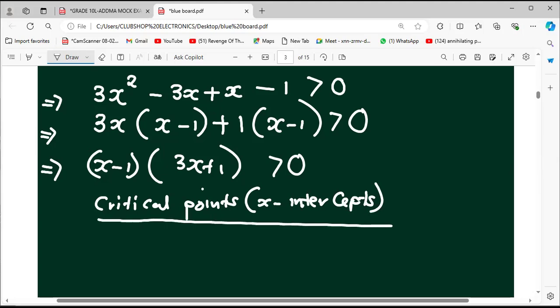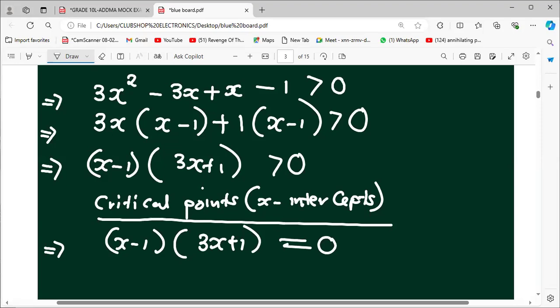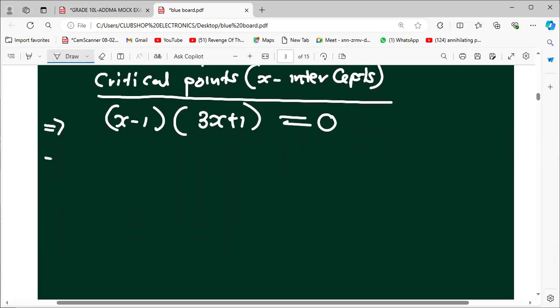So to get the critical points, we equate the left-hand side to 0. This implies that x minus 1 brackets 3x plus 1 brackets must be equated to 0. What does this imply?